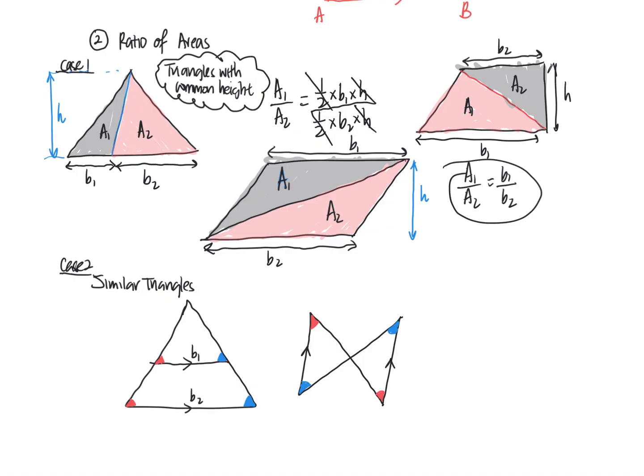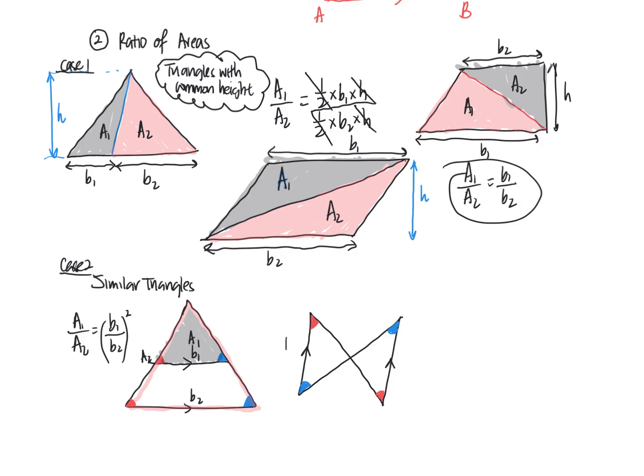So when you have similar triangles, remember, A1 is the small triangle here, this small one, and then A2 is the whole thing. So A1 is to A2 is B1 is to B2, same thing, but the difference is you need to square. So for similar triangles, you have to square the ratio of the sides. Same thing here.